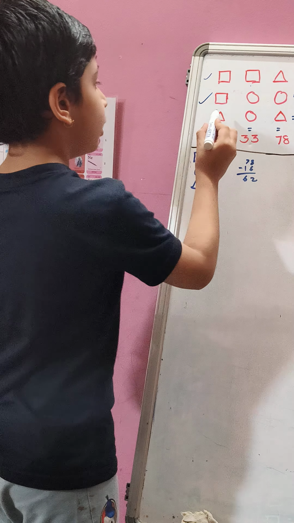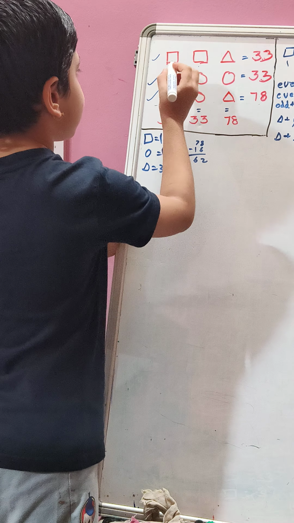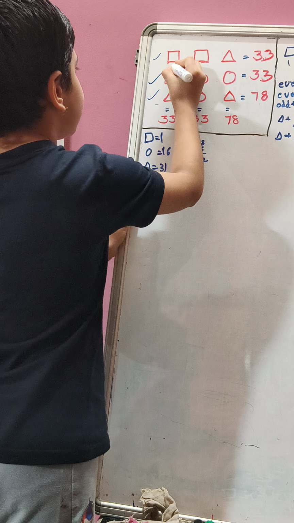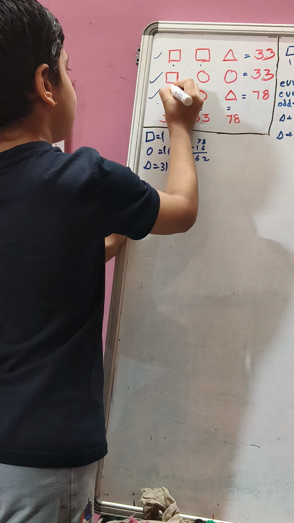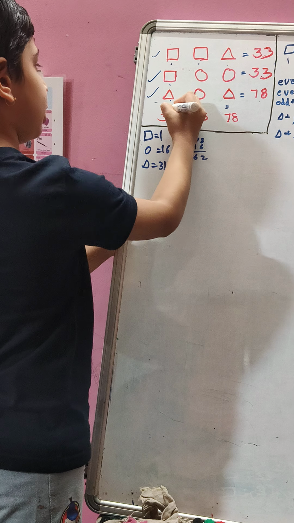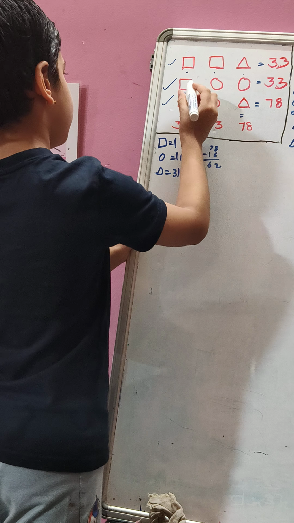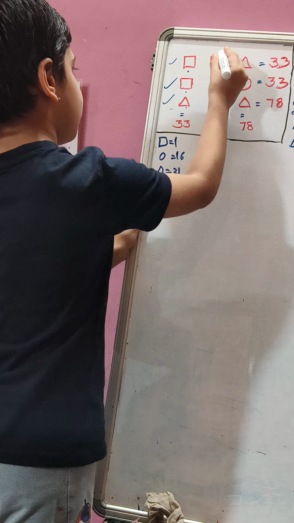And even when you see this picture, you identify something: square triangle 33, square triangle 33. Do you see that these both are same? Now let us check the second column and second row. Square circle 33, square circle 33.